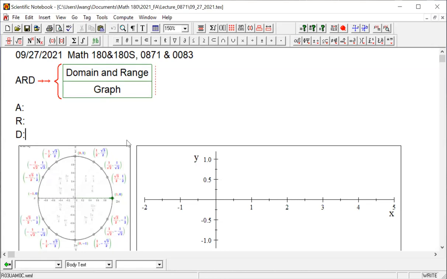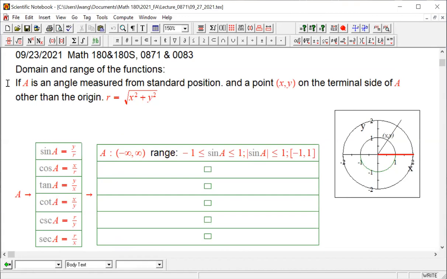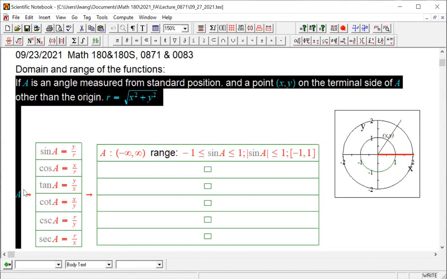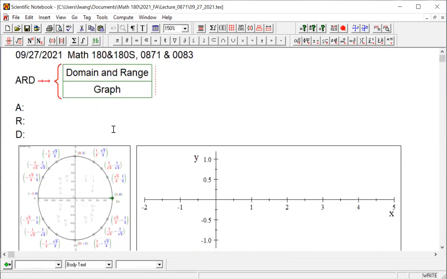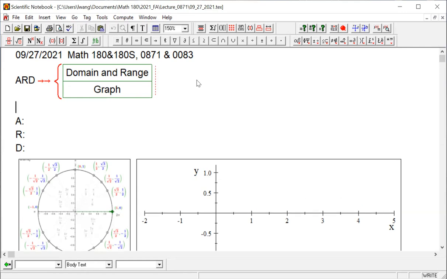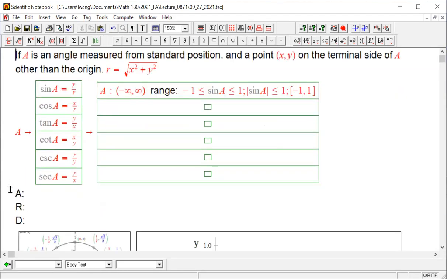Does everybody have the ARD flashcard in front of you? We're going to dig into ARD. I copy and pasted our definition, so after A, after R, we got the D.